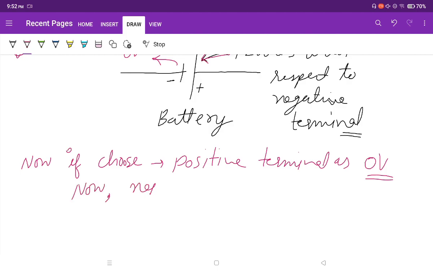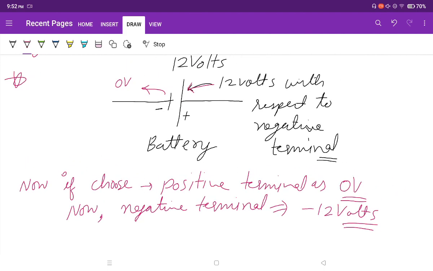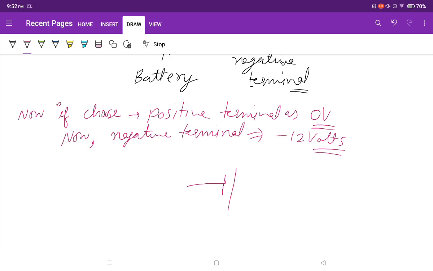Now negative terminal will come at minus 12 volts, right? Nothing has changed. The battery is similar. We have 0 volts here, then negative terminal as minus 12 volts, which makes the battery a 12 volt battery, right? Nothing has changed. Battery is same.